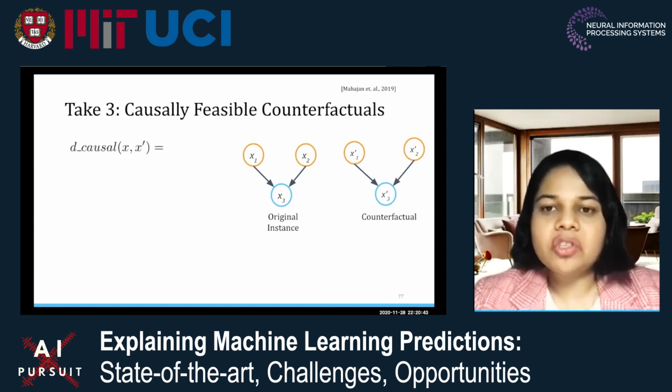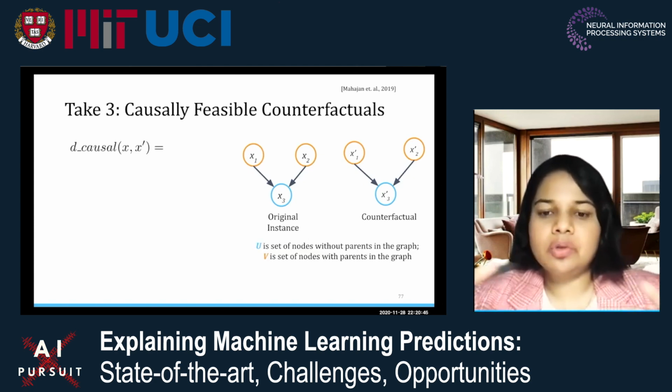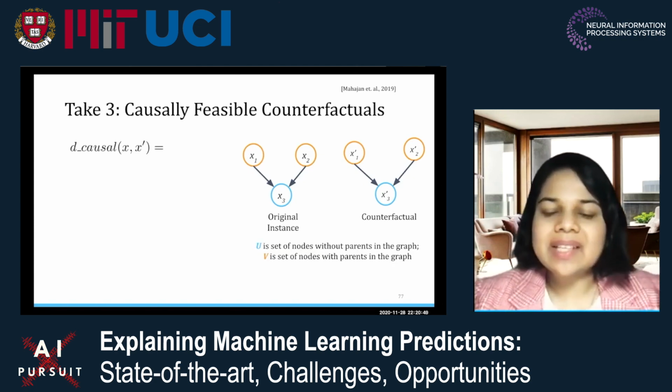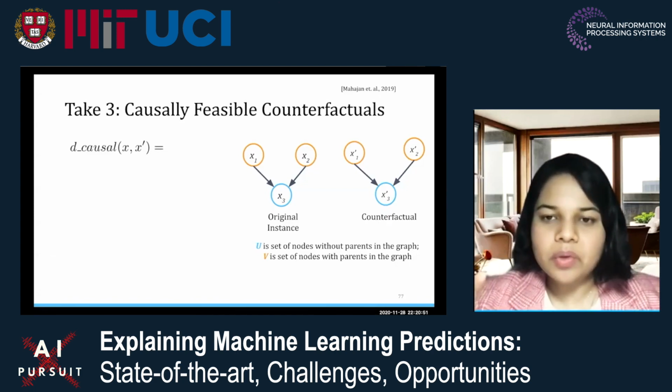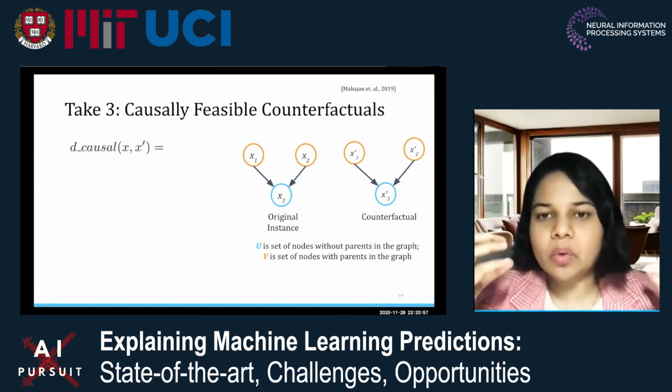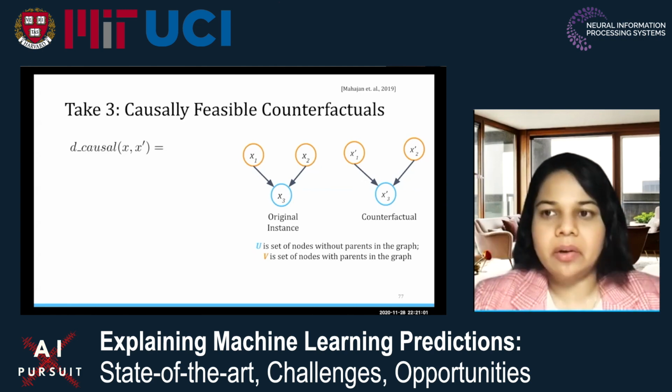So their approach divides all features into two groups, a group U, which is basically the set of those features or nodes with no parents in the causal graph, and a set V, which is basically the set of those features or nodes with at least one parent in the causal graph.